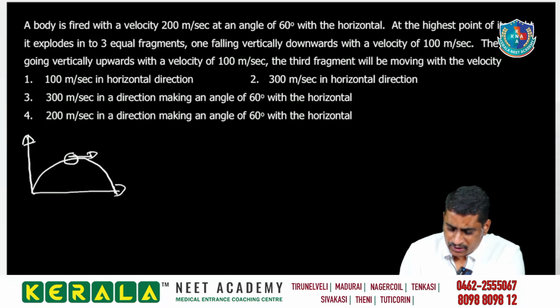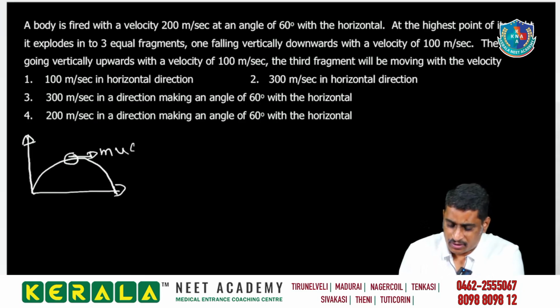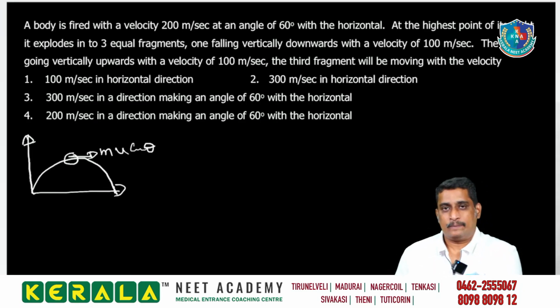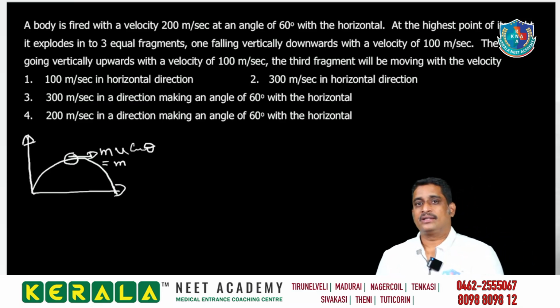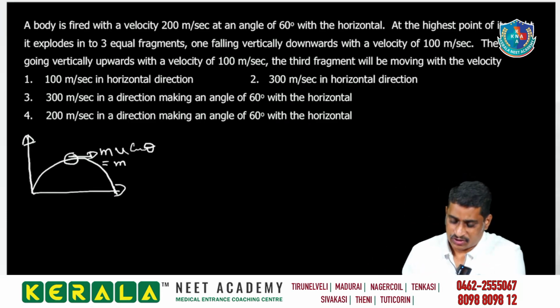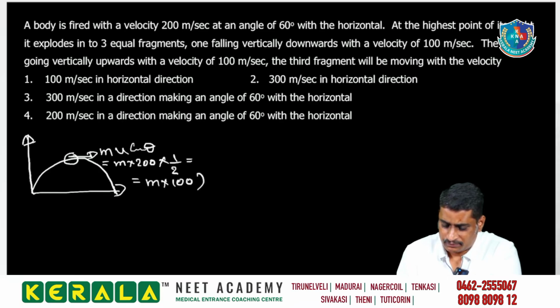Therefore, the net momentum of the particle at the highest point is nothing but m u cos theta, which is m into u, given 200 meters per second, and angle of projection given 60 degrees. So 200 into cos 60, which is 1 by 2, this will be equal to m into 100.